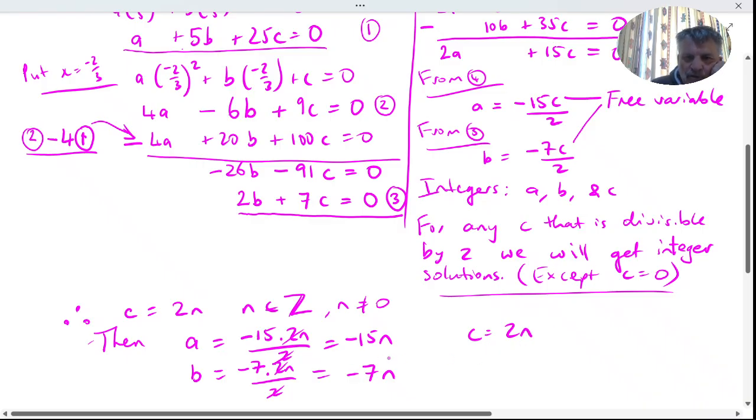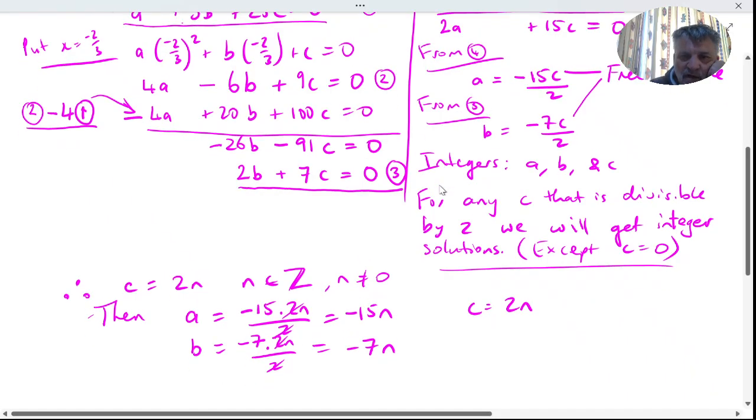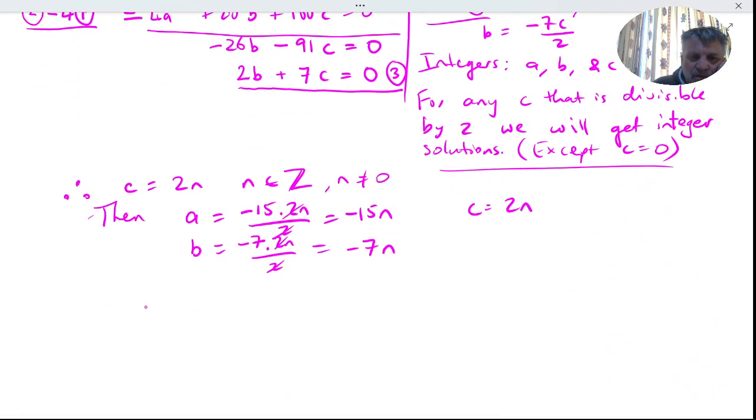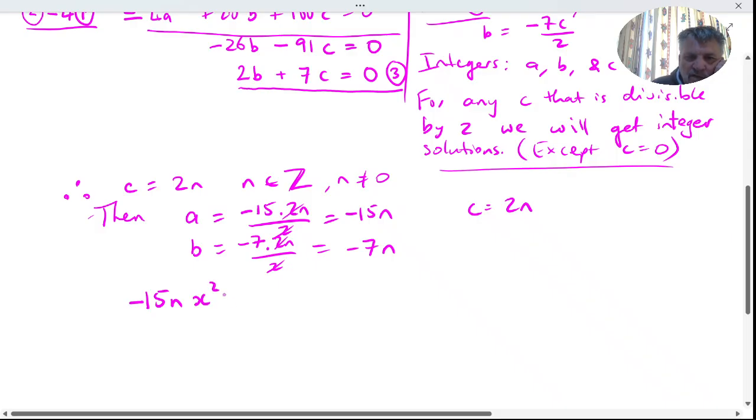So we just choose any n that's an integer, not 0, and we'll have a set of values that will give us a quadratic equation. So our quadratic equation is minus 15n times x squared minus 7 times n times x plus 2n equals 0.